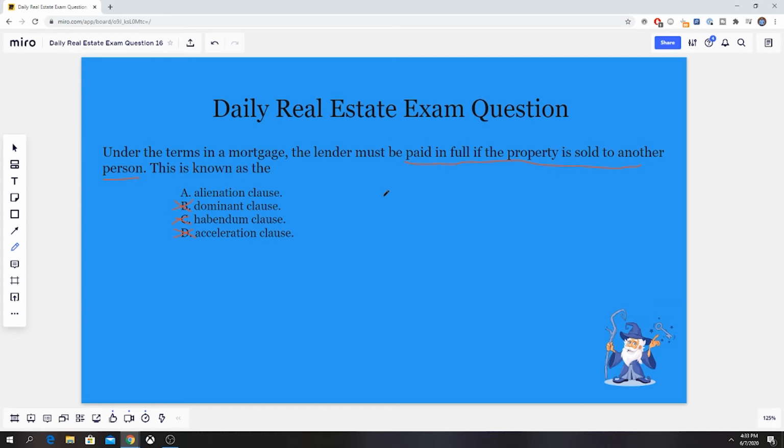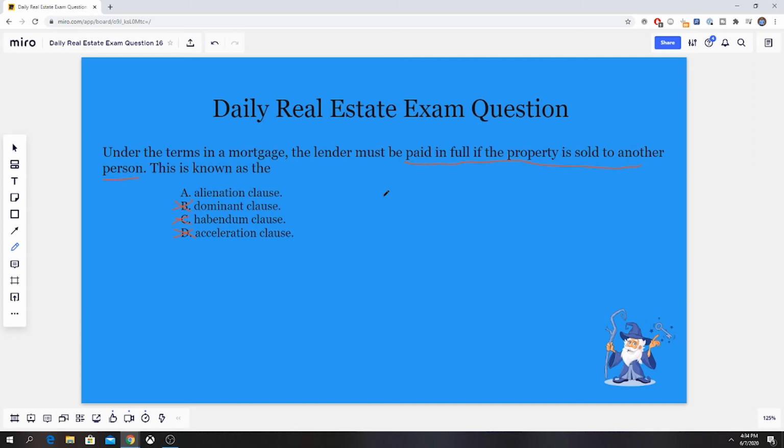The alienation clause is the provision in a mortgage or deed of trust signed with the lender that states the borrower must pay the mortgage in full before the borrower can transfer the property. So this is another one that's super important, so make sure that you understand the different contract clauses and what they mean.